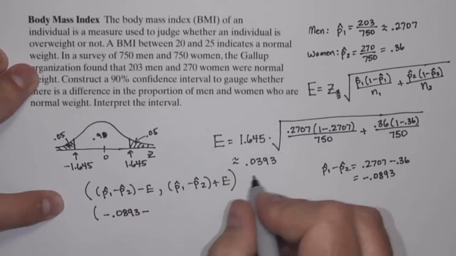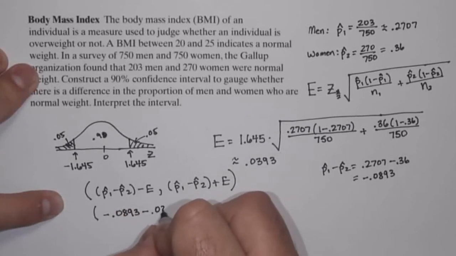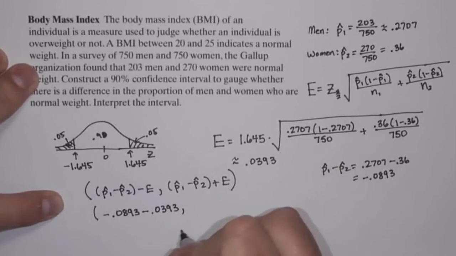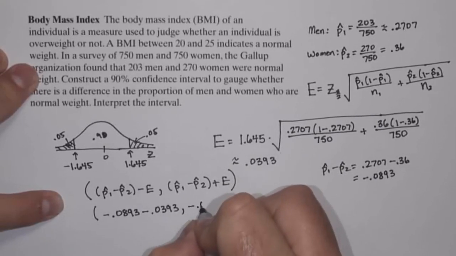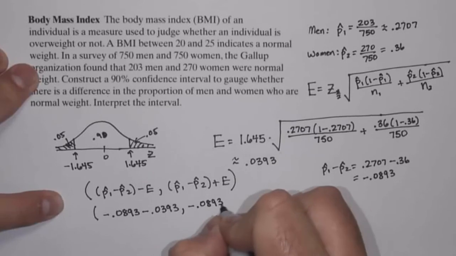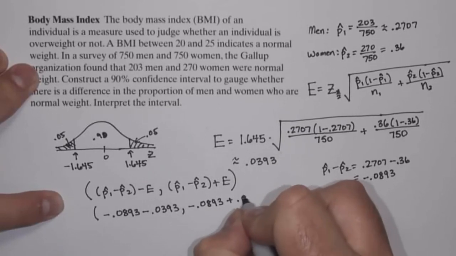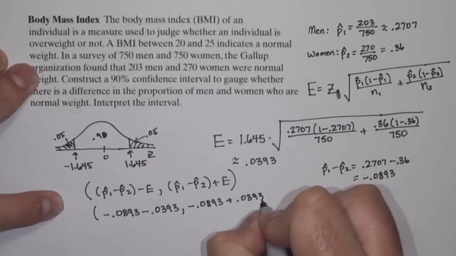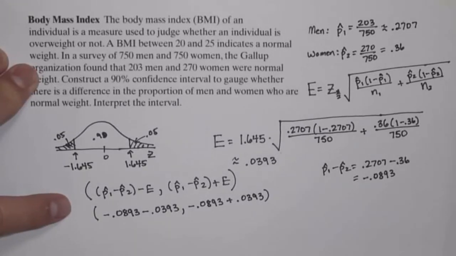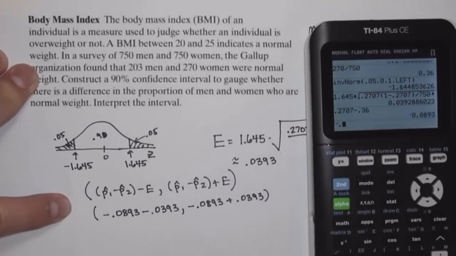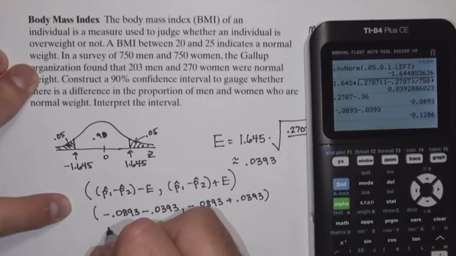So my confidence interval is going to be that point estimate, negative 0.0893, minus the margin of error, 0.0393, to negative 0.0893 plus the margin of error, 0.0393. So negative 0.0893 minus 0.0393, that is negative 0.1286.